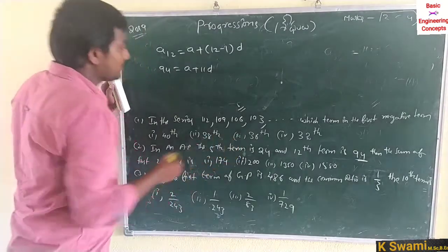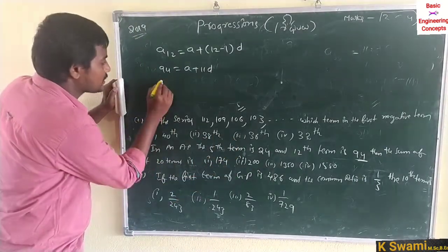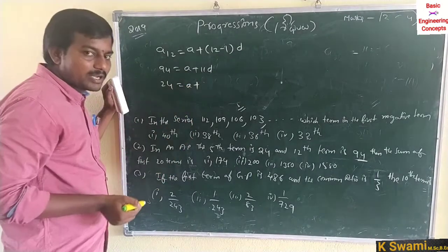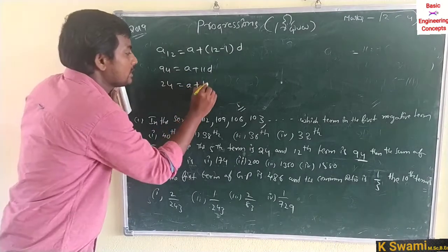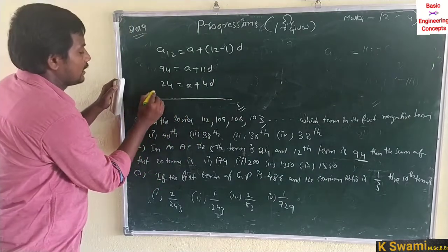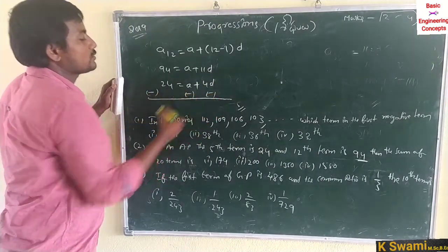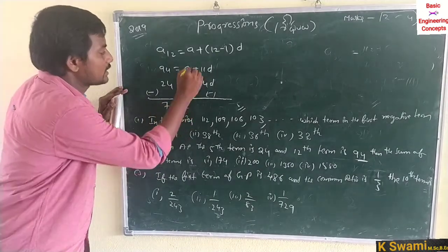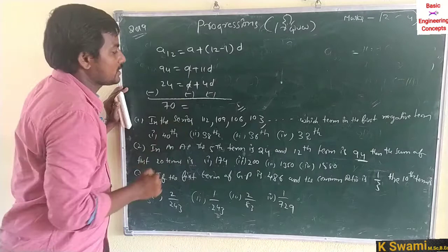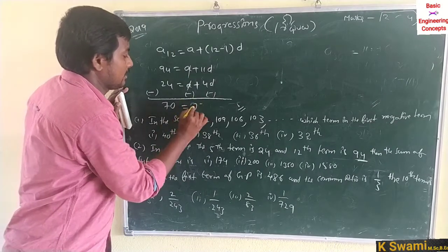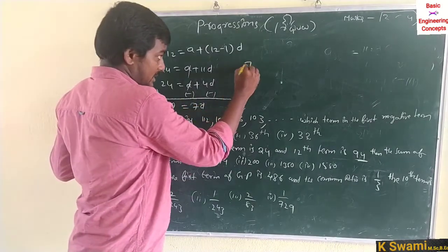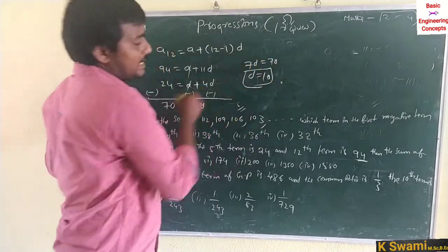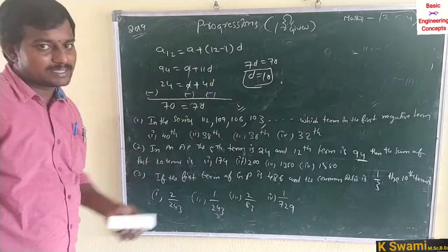And the 5th term: A5 is equal to 24 is equal to A plus 4D. Subtracting, 94 minus 24 is 70, and 11 minus 4 is 7. So 7D is equal to 70, D is equal to 10. The common difference is 10.